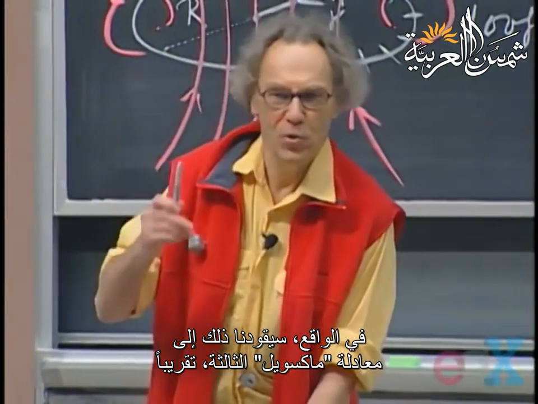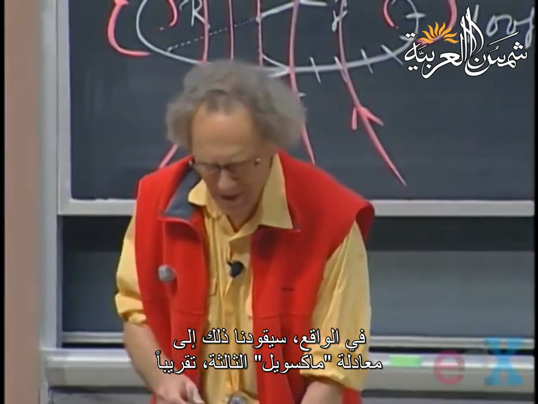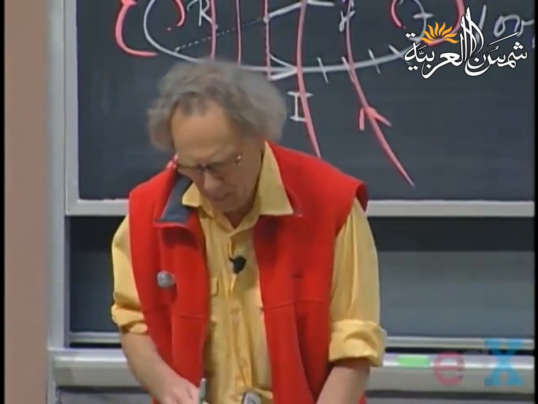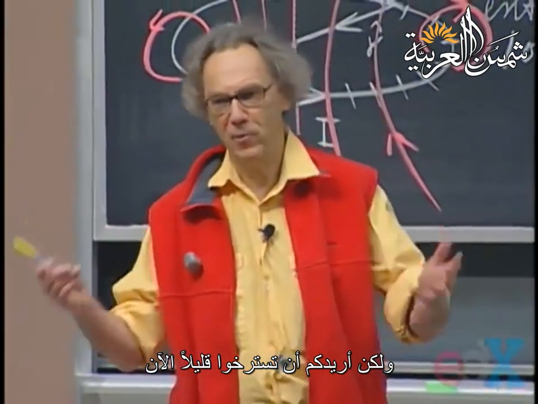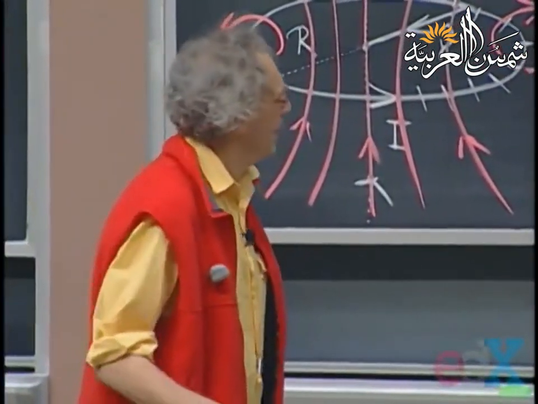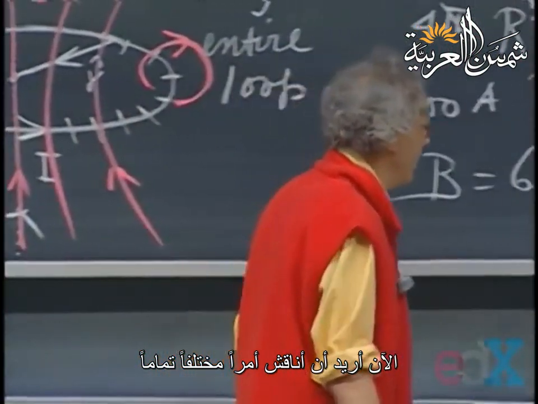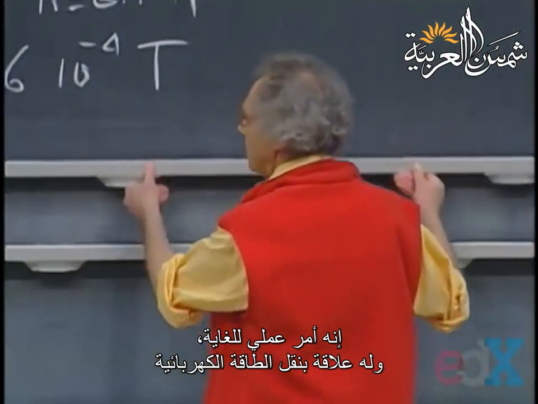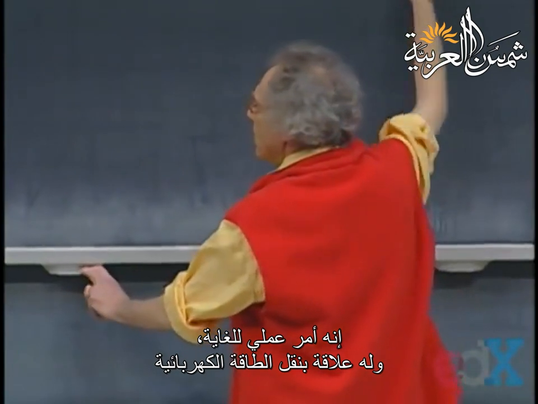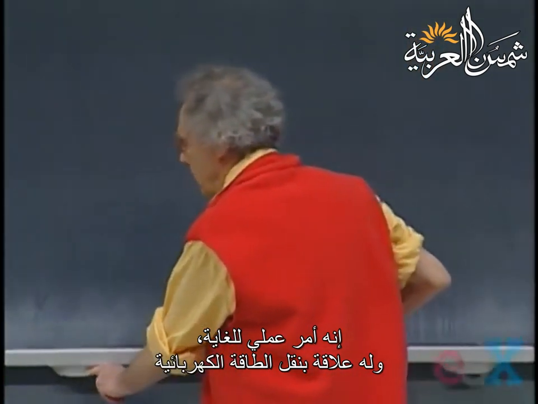In fact, that will get us to the third Maxwell equation, almost. But I now want you to relax a little bit, because this may already have been a little rough on you. And so now I want to discuss something entirely different, something very practical, and that has to do with the transport of electric energy.